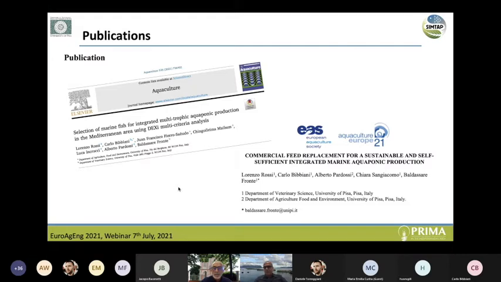Some results of our work. We already made 2 publications, one in Aquaculture, which was about the methodology, the choice of the species to be more suitable for SIMTAP production. And these results I showed you, we are going to present more deeply and comprehensively at the next European Aquaculture Society congress, Aquaculture Europe 21, that will be held in Madeira next October.